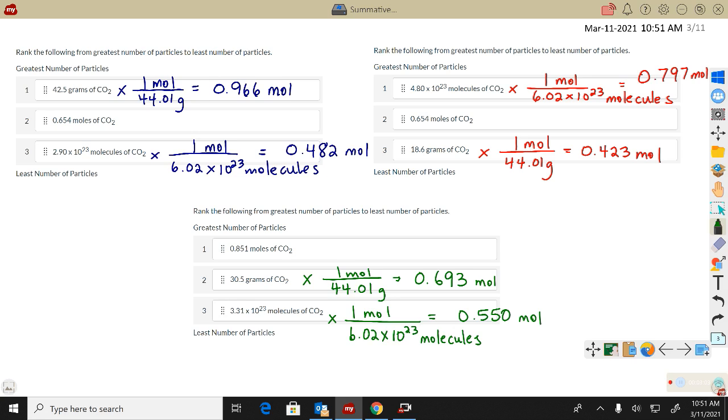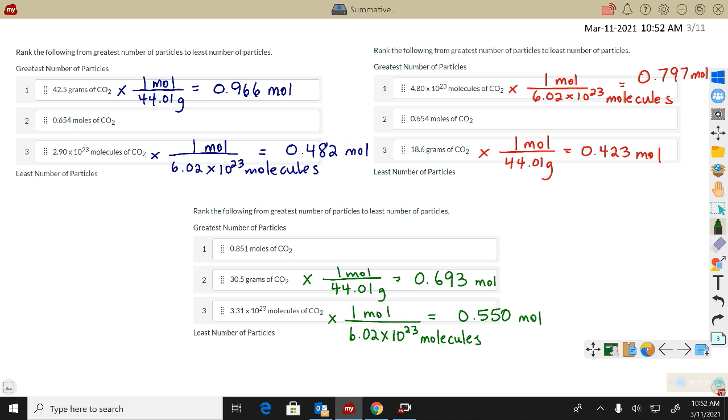Now, it wouldn't matter if you put them in moles or molecules, but in some way you had to get them all to the same unit. So I just put them all in moles. I took the 42.5 grams of carbon dioxide and got it into moles. In the first sample question, I had 0.654 moles.